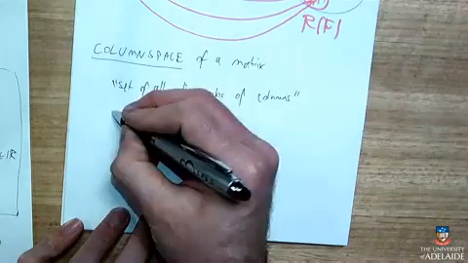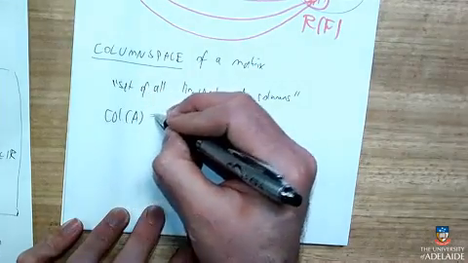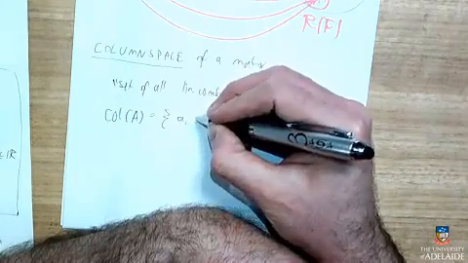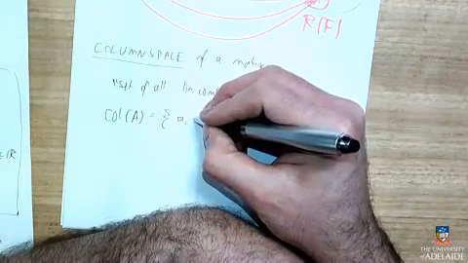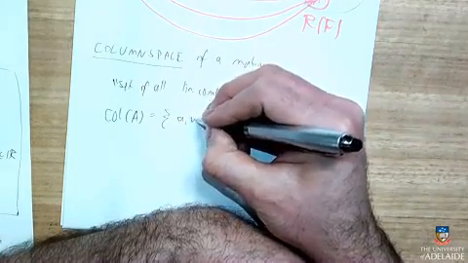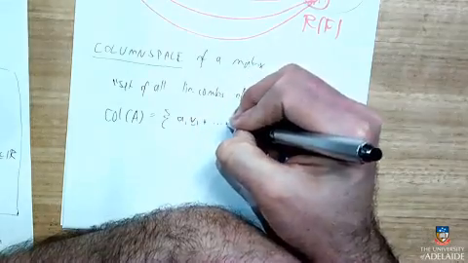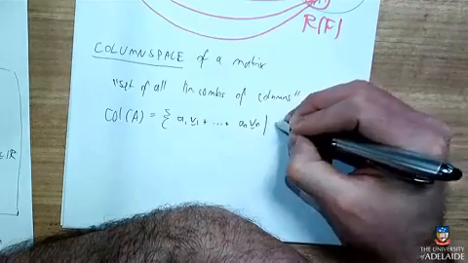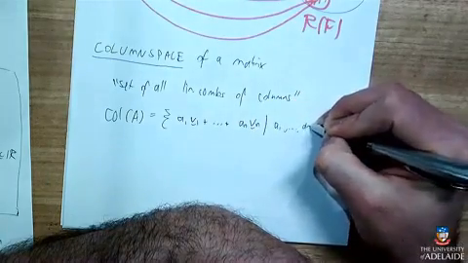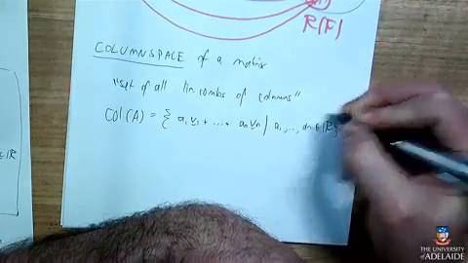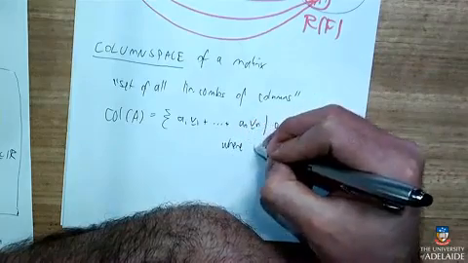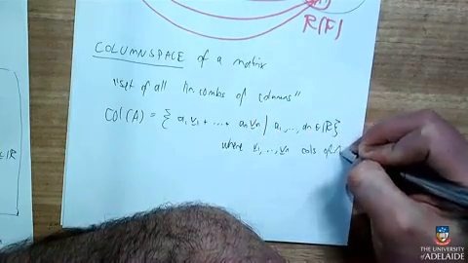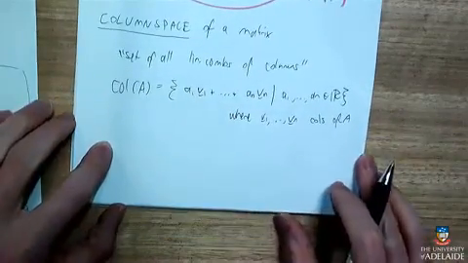So the definition of the column space of a matrix is all the linear combinations a1 v1 up to an vn such that a1 up to an are in R, and where v1 up to vn are the columns of A. Well, I suppose we don't have to say it that way.